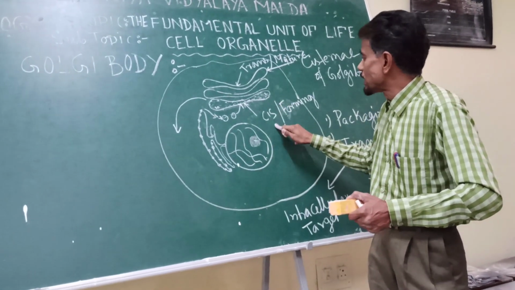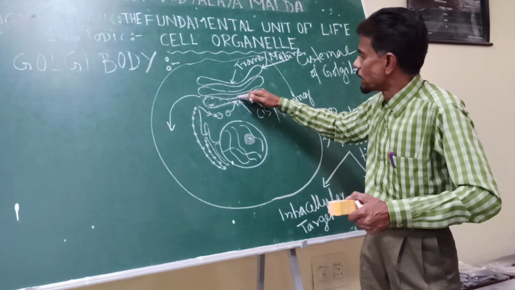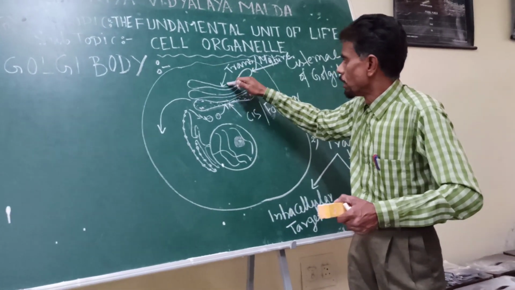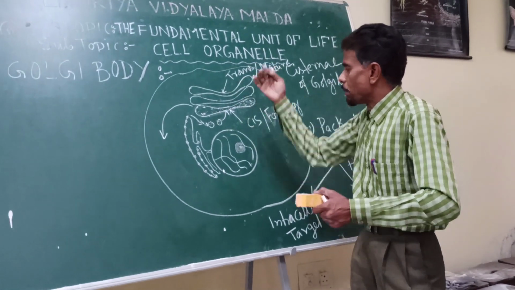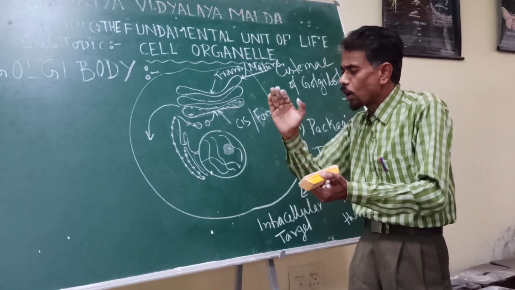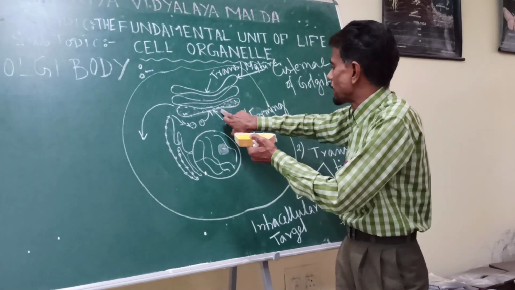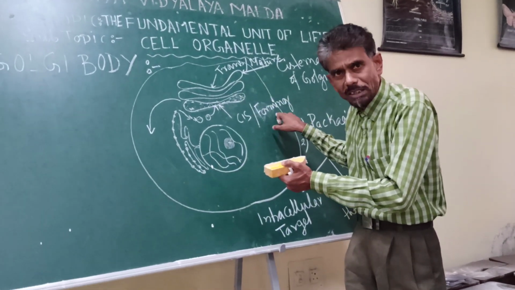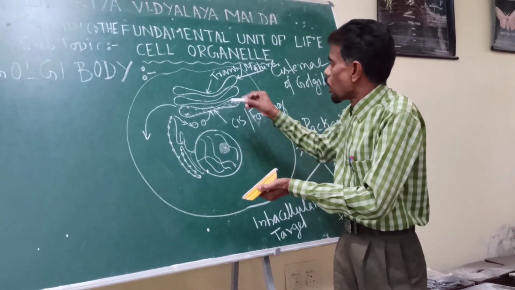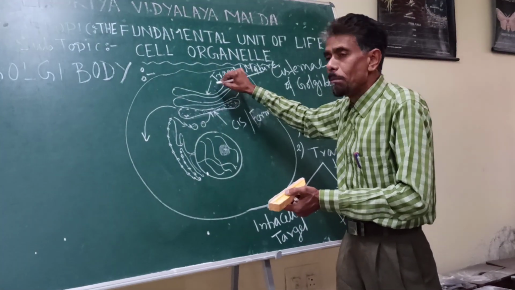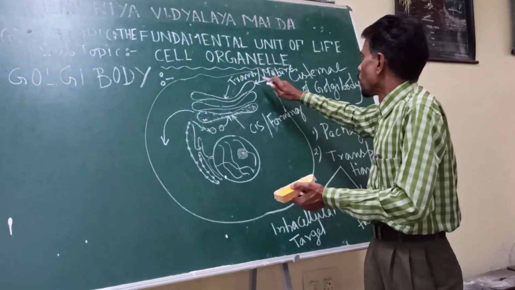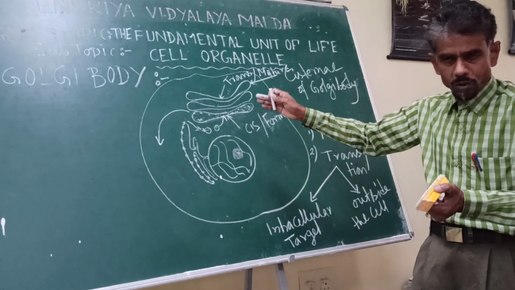This is called the cis or forming face, and the opposite side, by appearance, is concave. So this convex side is called the cis or forming side, and the concave side is called the maturing side, or trans face.